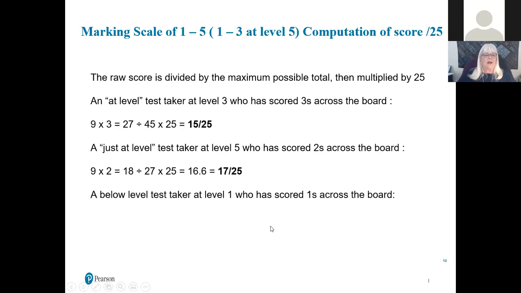And a below level test taker at level 1 who only manages 1s across the board gets a score of 8, because if you remember, there's only 3 tasks and 5 traits. So 8 divided by 40 multiplied by 25 gives a score of 5 out of 25. So that's just quickly to explain the marking scale of 1 to 5.